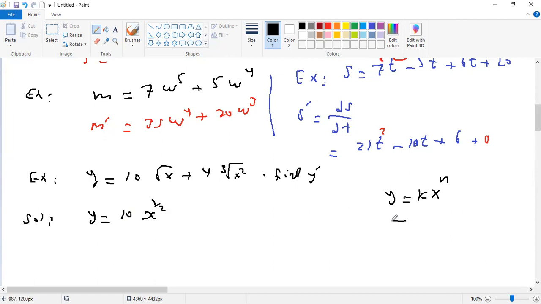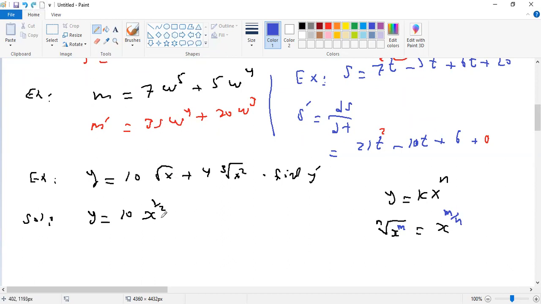Why? Because of the rule: a root of x to the m can be converted to the rational exponent, x to the power m over n. Here n is 2 because it is a square root, which we don't write, and the power of x is 1, which we also don't write.